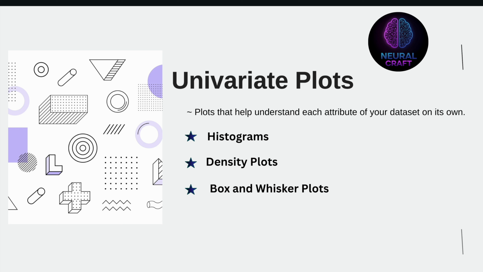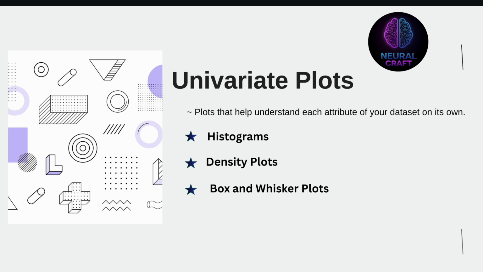First of all, there are univariate plots. They are used because they help in understanding each attribute of your data set, so you can get insights on each and every attribute in your data set.